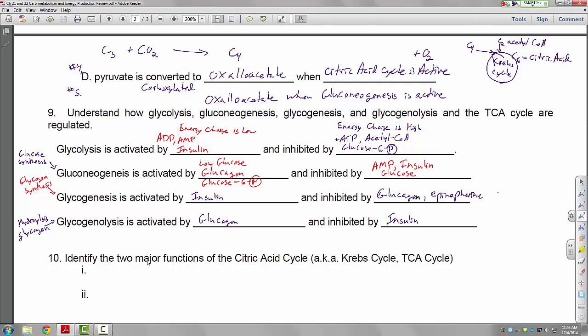So if you think about it, we've got glycogen, the storage form of glucose. This can be converted down to glucose. That's glycogenolysis. And we can take glucose back up to glycogen. That's glycogenesis.